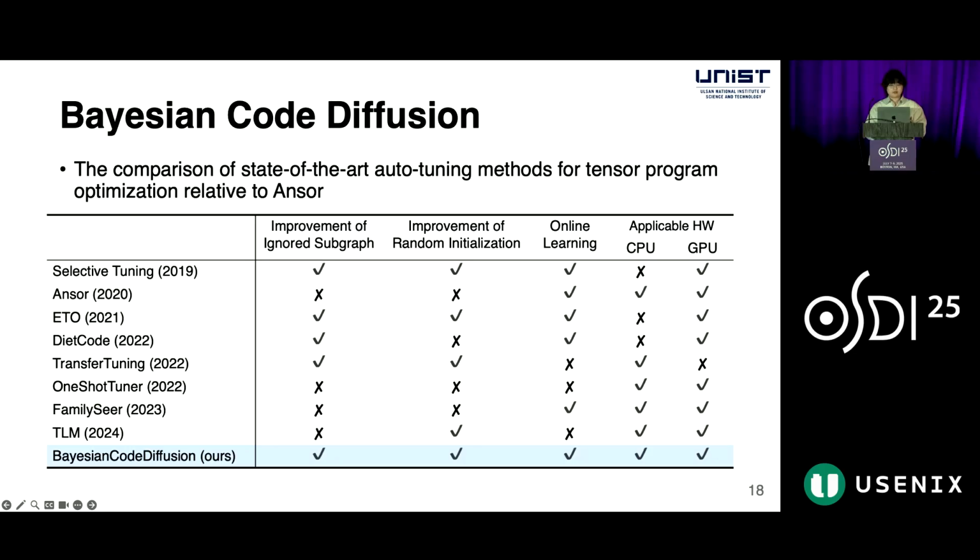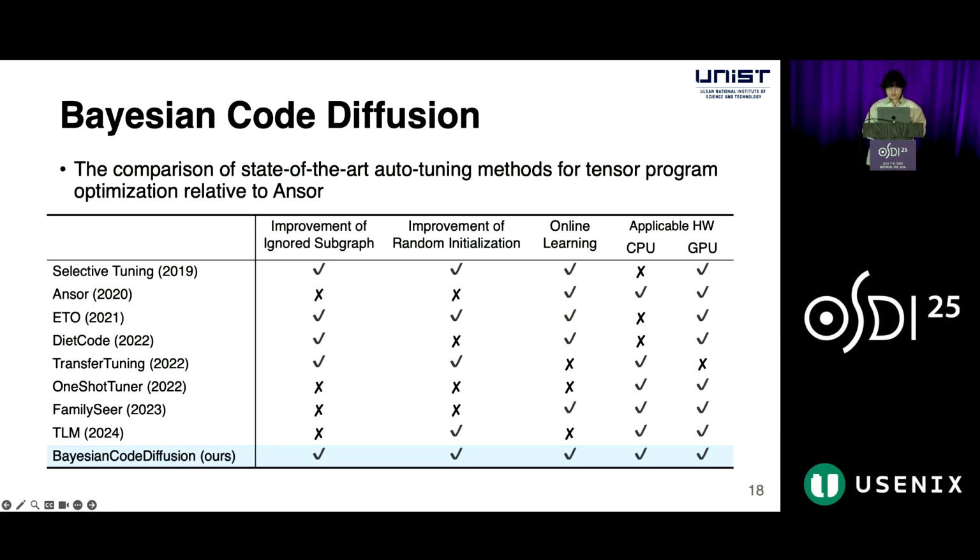This table compares many auto-tuning methods relative to Ansor, and this method offers several improvements over Ansor related to the opportunities we discussed. For example, if there is a check mark in the first column, it means the method leverages subgraph similarity. And if there is a check mark in the second column, it means they improved the program sampling process.